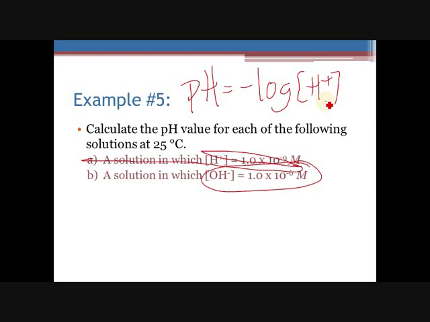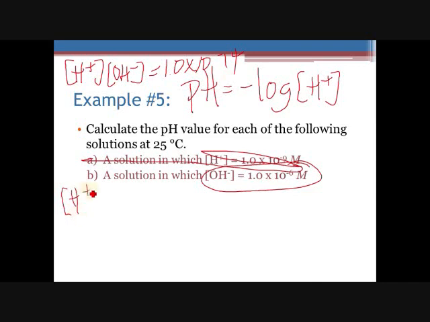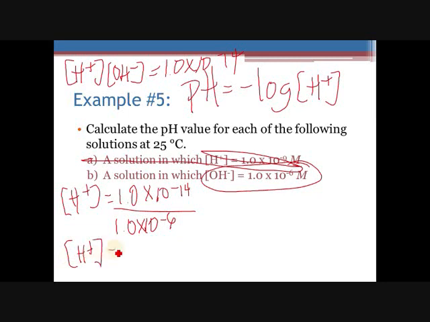The KW equation, remember, is H plus times OH minus equals 10 to the negative 14. So we need to take the 1 times 10 to the negative 14 divided by our 1 times 10 to the negative 6. So the H plus, when we divide that out, is equal to 1 times 10 to the negative 8.